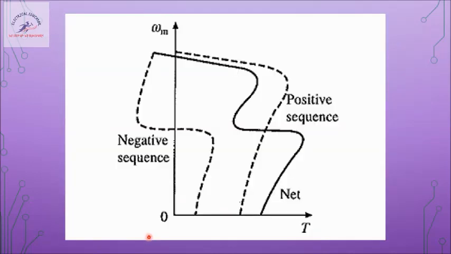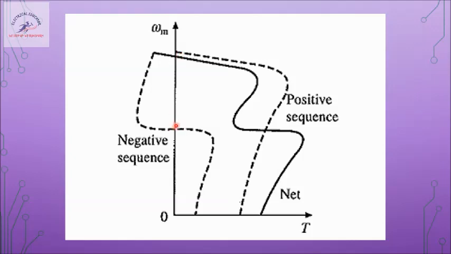So let us see the torque slip characteristic, or speed torque characteristic. Here speed is taken on the y-axis like our usual characteristics, and slip will increase. For slip 0 to 0.5, we see that the negative sequence torque is negative and the positive sequence torque is positive. Thus the net torque is like this.